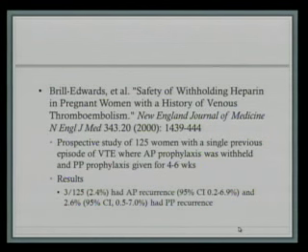So just keep that in mind. He saw that the rate of recurrence was 2.4% in the antepartum period and then 2.6% in the postpartum period.